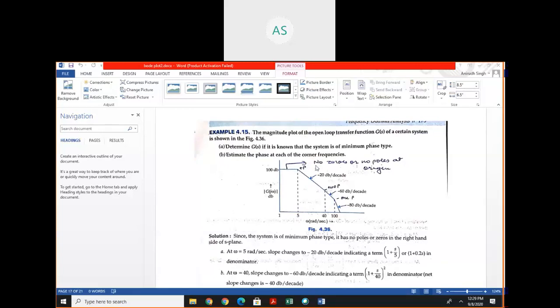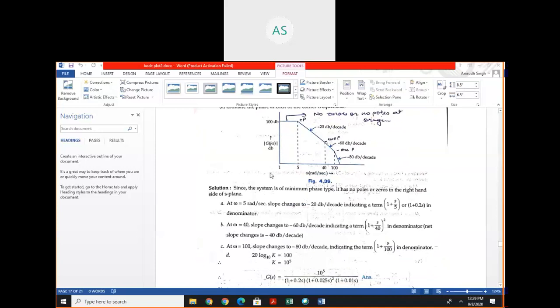So in this case, there are no zeros or poles at the origin. And the value of omega is 1. So this 100 dB is the value of 20 log k. So we can say that 20 log k is equal to 100, and here we find that the value of k is equal to 10 raised to the power 5.